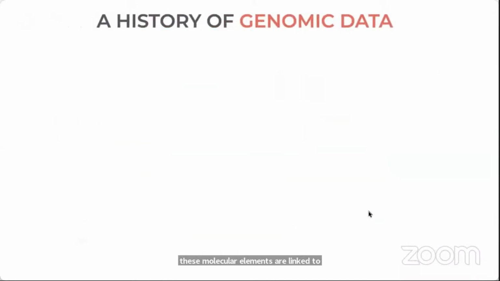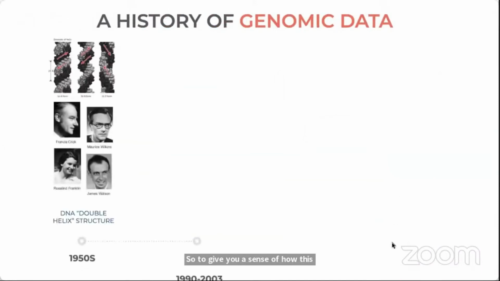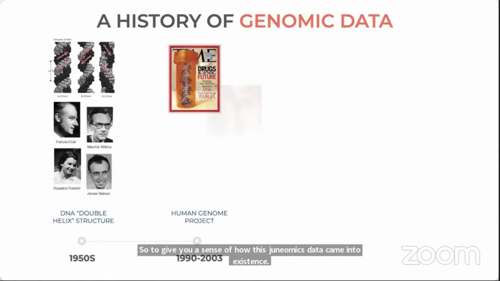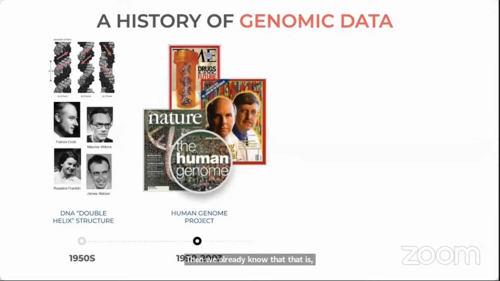So to give you a sense of how this genomics data came into existence, we already know that it's been almost 50 years since the sequencing of the human genome.